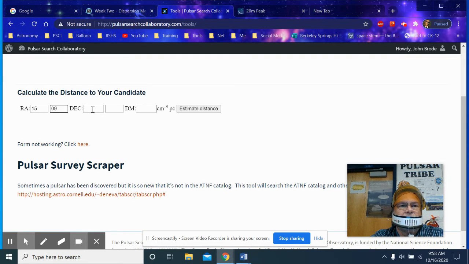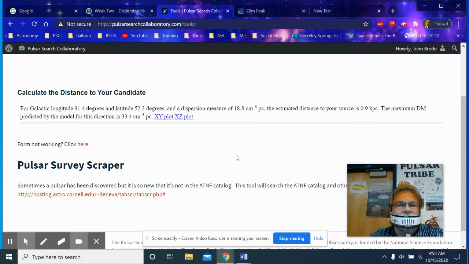Don't need all the numbers, just those numbers. Then it was 5531. The DM number that I wrote down is 18.8. You don't need all the numbers. After you've typed in all the numbers that we have, click Estimate Distance.